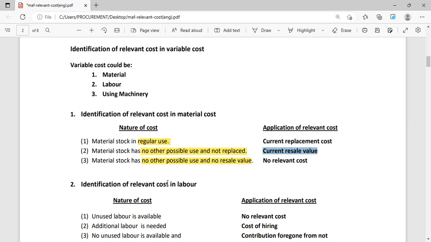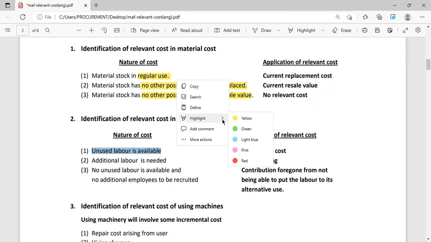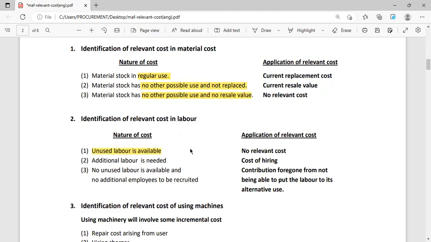Then we identify other costs that are not relevant in decision making. So, identification of relevant costs in labor. We have unused labor, that is, if they are not available, then additional labor.